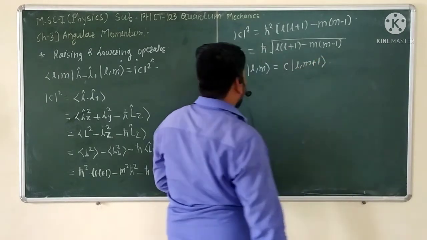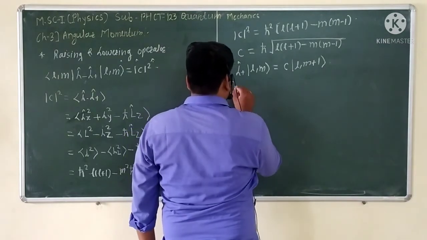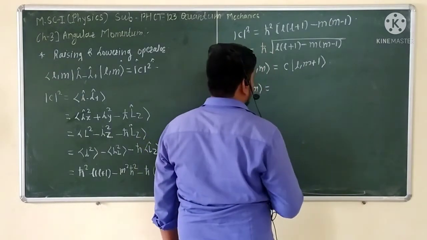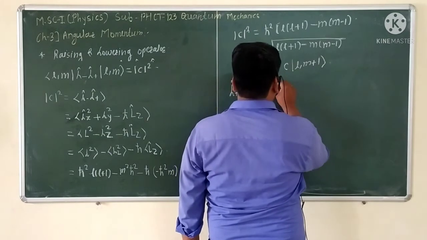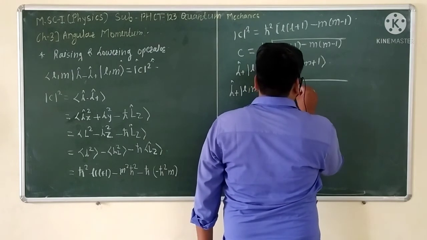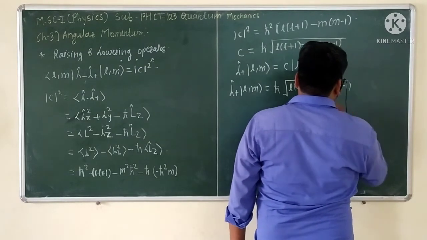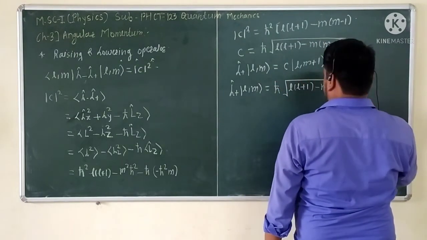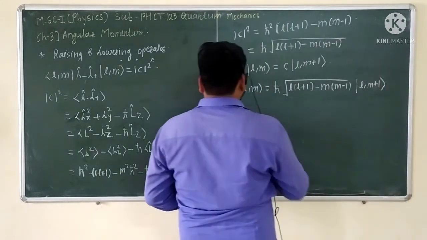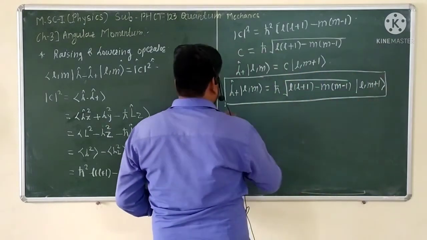And if we put this value in this relation, this L plus cap on L comma m, so that is the formation of the angular momentum, with this C value being h cross times the square root of L into L plus 1 minus m into m minus 1, taking the value L comma m plus 1. So this is the formation of the angular momentum for the rising operator.